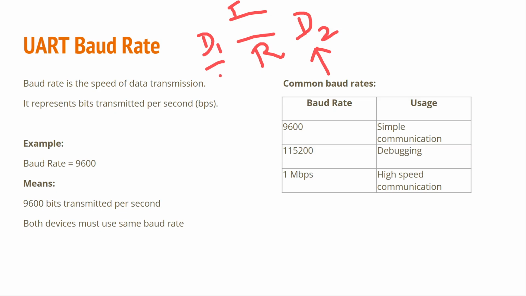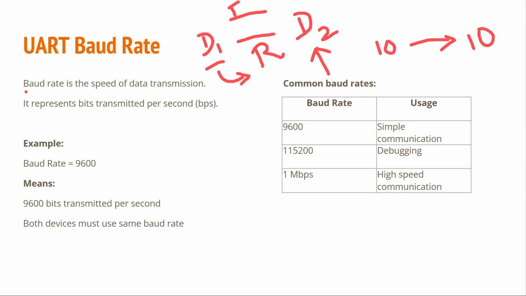For example, my device 1 is sending information with a particular speed, or particular baud rate. Then the same baud rate has to be set in device 2. For example, if it is running at a speed of 10, my device 2 also should run at a speed of 10. Then only it will be able to read the data clearly.